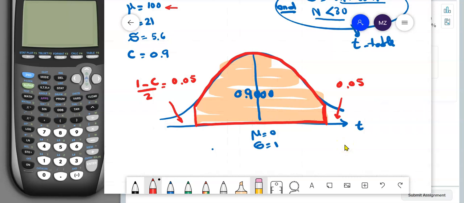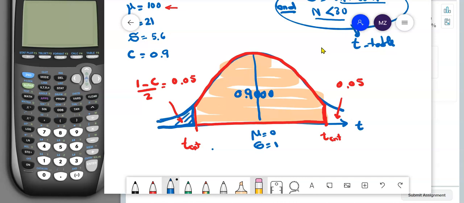First of all, I'm going to define the t critical, right? They are really important. There are two values, t critical here, t critical here. For the t critical, I can use the calculator. Remember, with the calculator you need to feed it the left side, the left tail here. That's the easiest way.